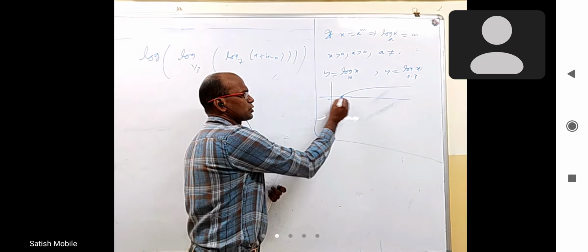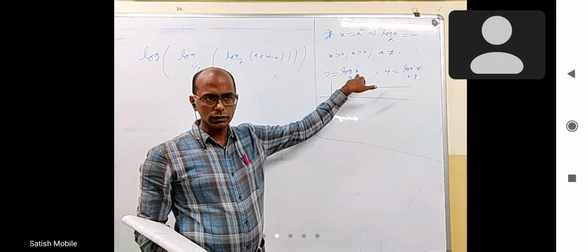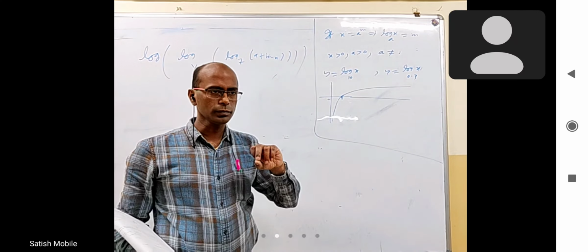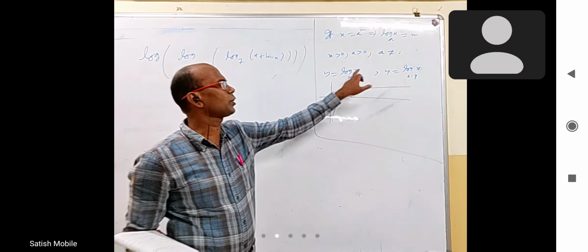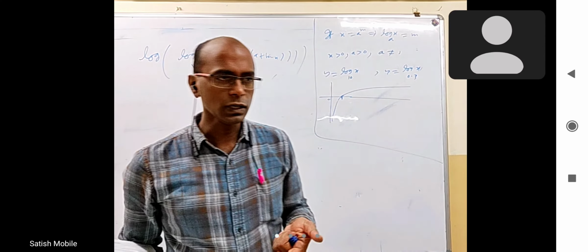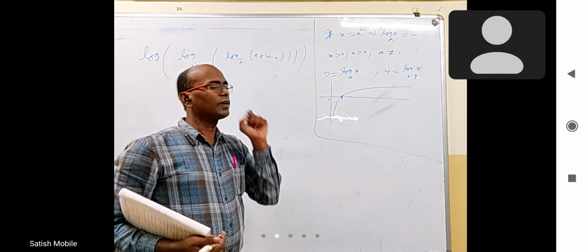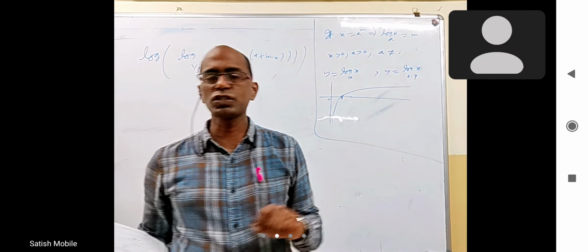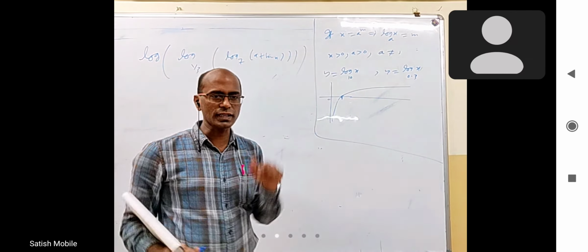Let us say between 0 to 1, what happens? If I take 0.1 here, can I write 0.1 as 1 by 10? And 1 by 10 is 10 power minus 1? Okay, so log 0.1 base 10 will be minus 1 because 0.1 is 10 power minus 1. So at 0.1 the value will be minus 1. If I take 0.01 which is 1 by 100, it is 1 by 10 square, 10 power minus 2.